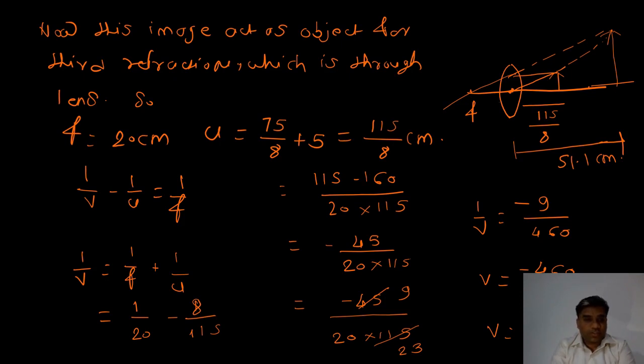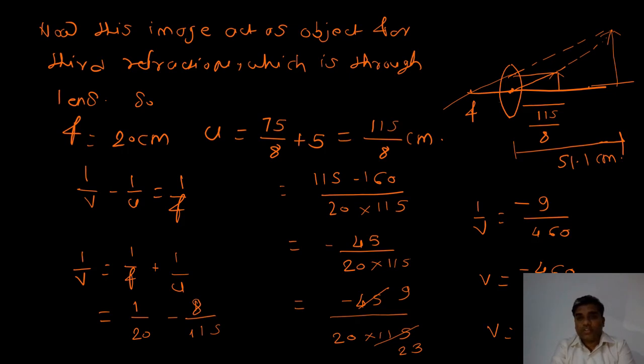Just put the values here: 1 upon v is equal to 1 upon f plus 1 upon u. The rays are traveling from right to left, and the object is placed behind the mirror, so we have to take u as minus here.